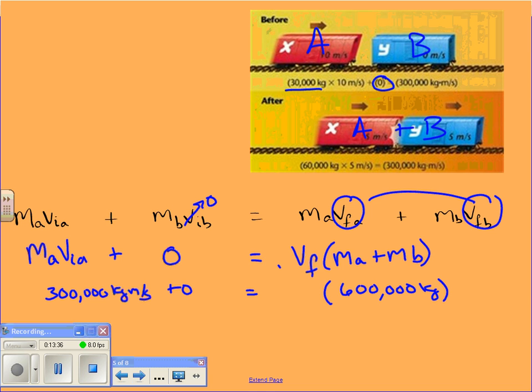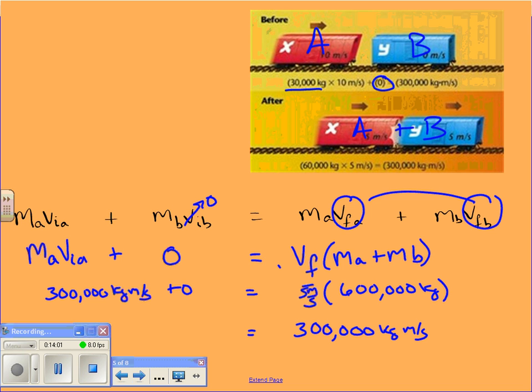How fast will they be going in this case? Well, they would have to be going 5 meters per second. That's what we're solving for, that VF. But again, we can see how momentum is conserved here. That would give us 300,000 kilogram meters per second.